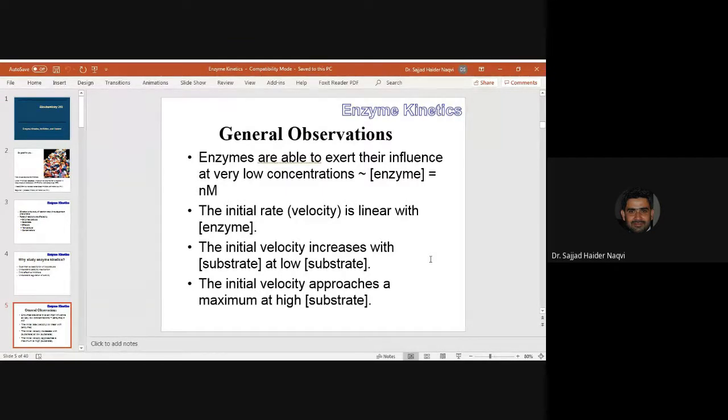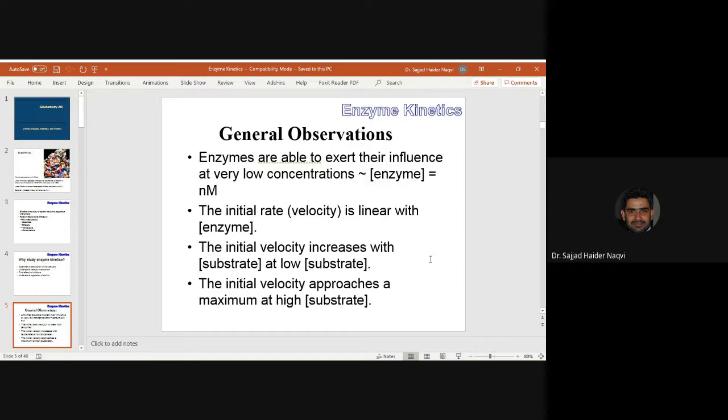What does that mean? For example, if you have one enzyme molecule with 20 active sites, and you provide a very low substrate concentration, for example two molecules, these two molecules will bind to the active sites, but 18 more active sites are still vacant.